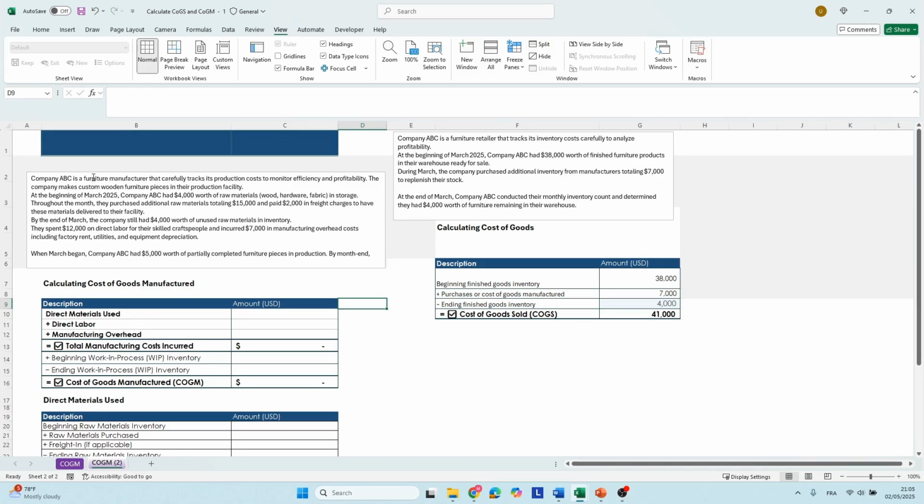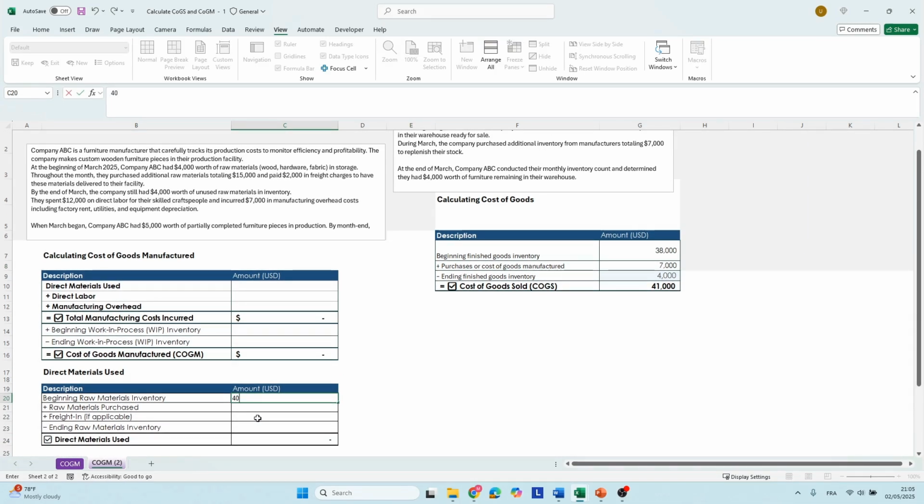ABC is a furniture manufacturer that carefully tracks its production costs to measure manufacturing efficiency and profitability. At the beginning of March, the company ABC had 4,000 worth of raw materials, wood, hardware, fabric in store. That means this is the beginning raw materials. I will put it.